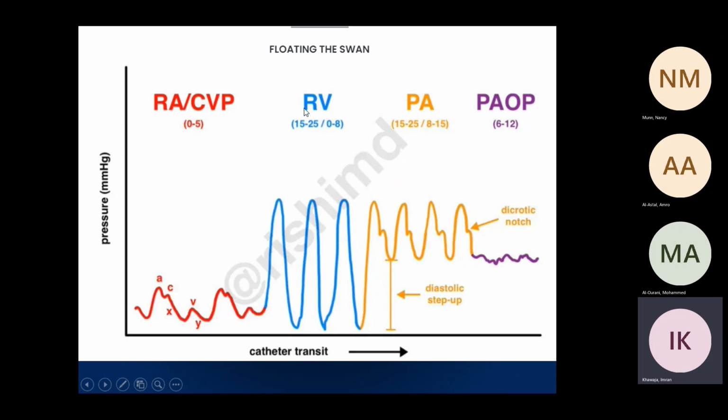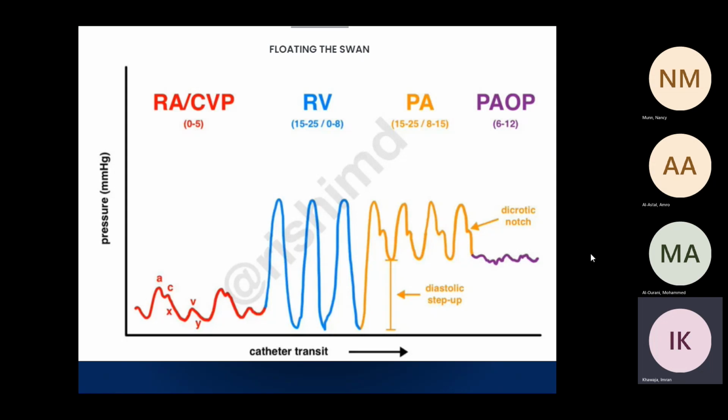And as you get out from the RV to the PA, you see what we call diastolic step up. The RV diastolic pressure usually is low, but as you get into the pulmonary artery, you see an increase in diastolic pressure. Your systolic pressure will be the same. And you see the dicrotic notch here, which corresponds to the pulmonary valve closure.